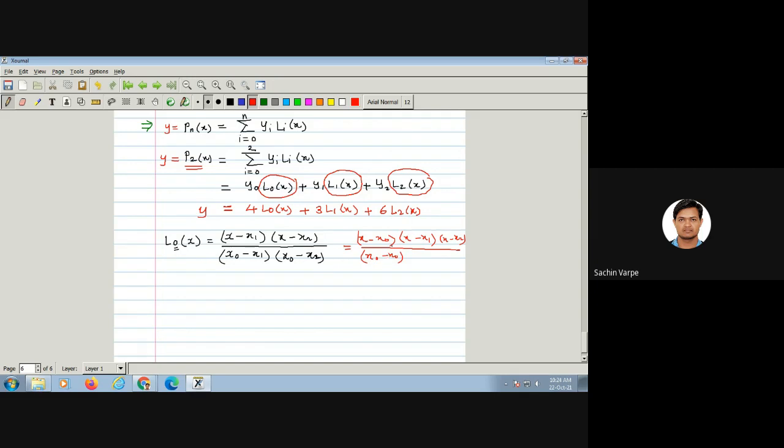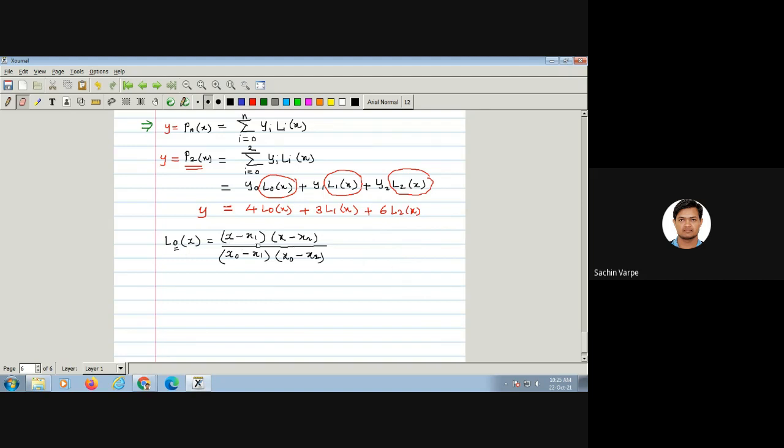So denominator 0 means what? Denominator 0 means the whole L naught will be infinite, and we are trying for a finite polynomial. So that is why we are not considering that term. I hope the point is clear now.